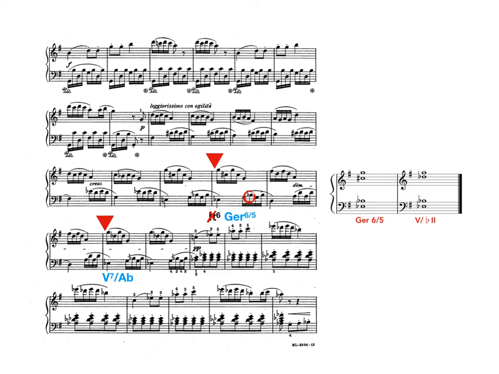The German augmented sixth chord resolves to a cadential 6/4 harmony, and the 5 of flat 2 resolves to flat 2 as a dominant. Listen one more time to this excerpt and see if you can hear the transition. Ask yourself this question: which of these is the pivot chord, the first one or the second one?